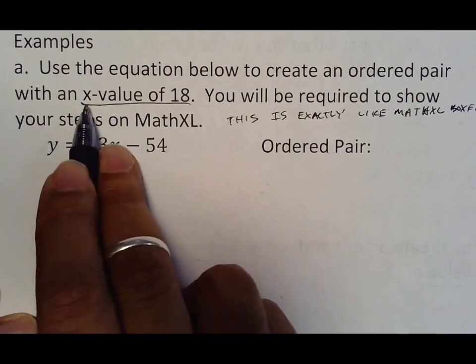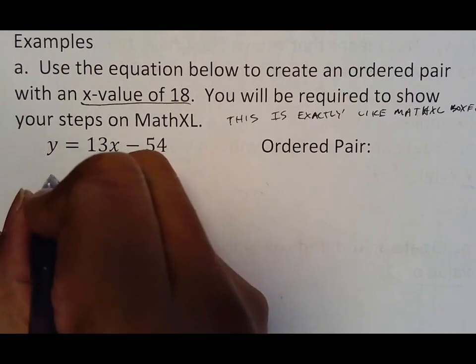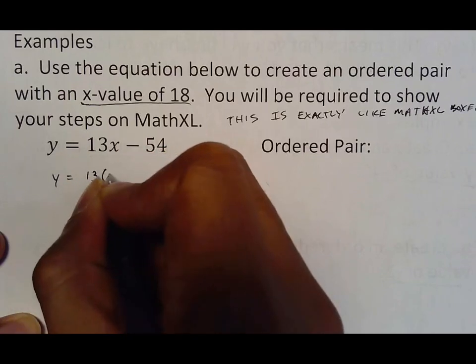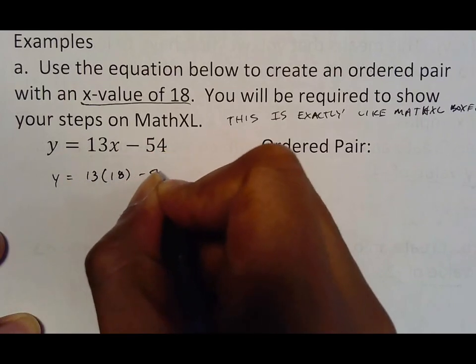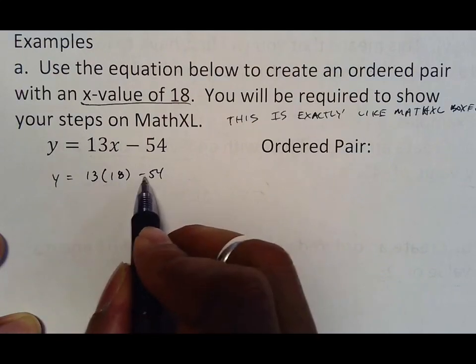So the question here, you want an x value of 18. So what you're going to do first is substitute 18 for x. So you put y equals 13, parentheses, 18 minus 54. Then you use the order of operations. That's multiplication and subtraction.